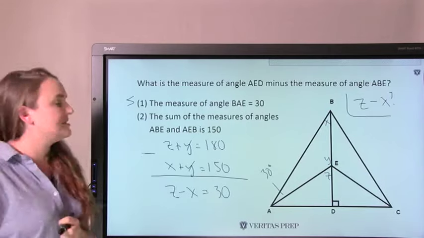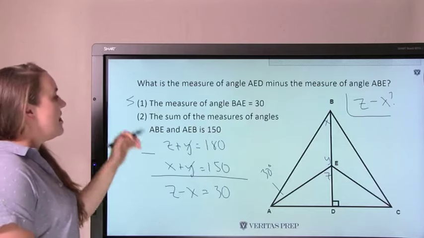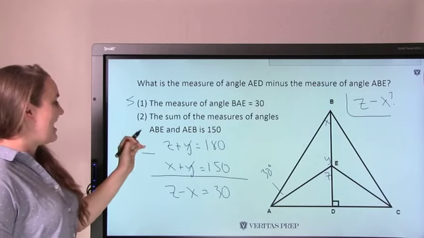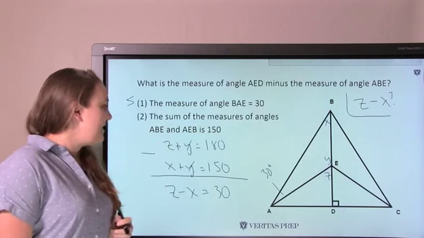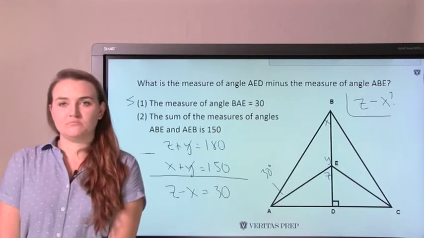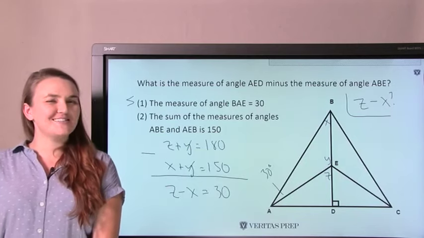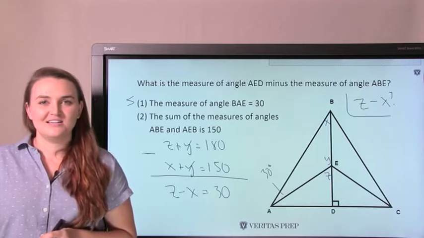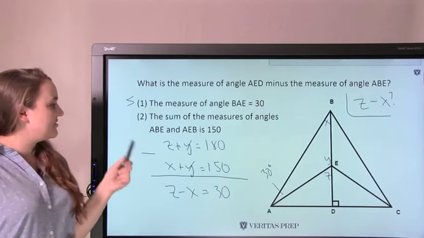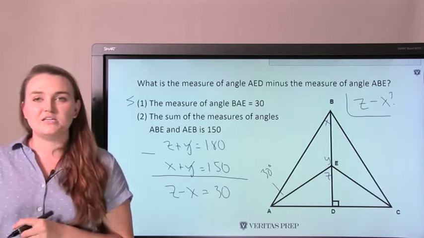Now let's talk a little bit about statement 2, because statement 2 tells me the sum of the measures of angles ABE and AEB is 150. Is this enough information to answer my question?